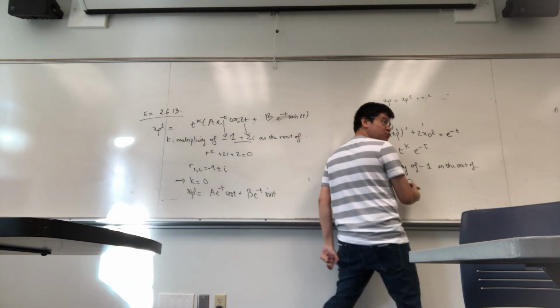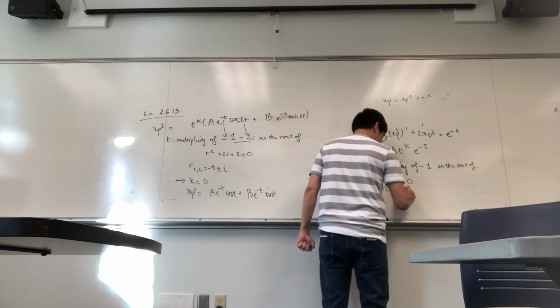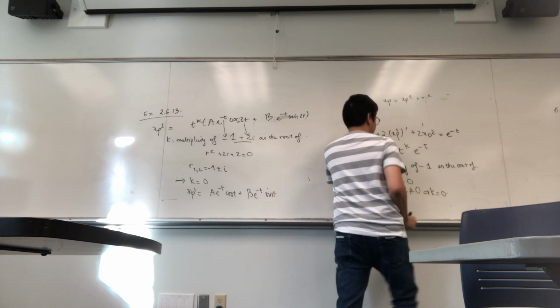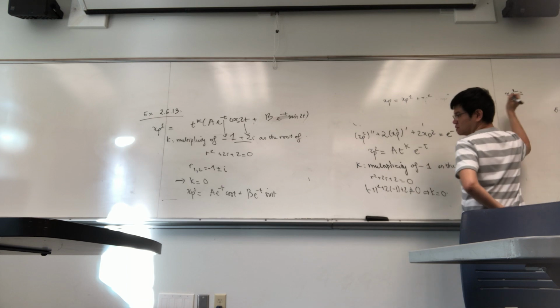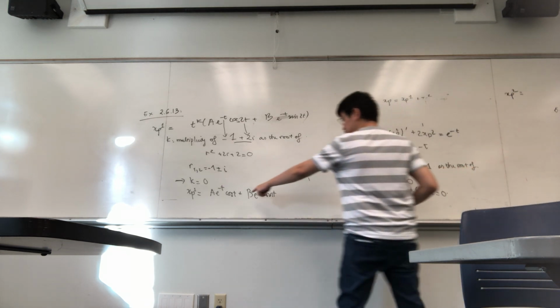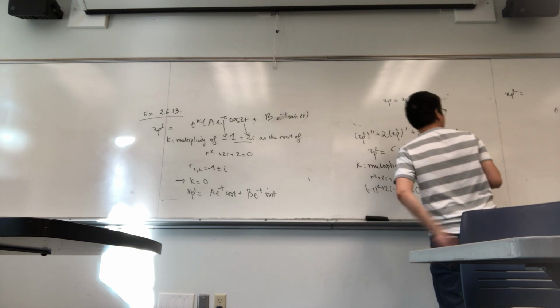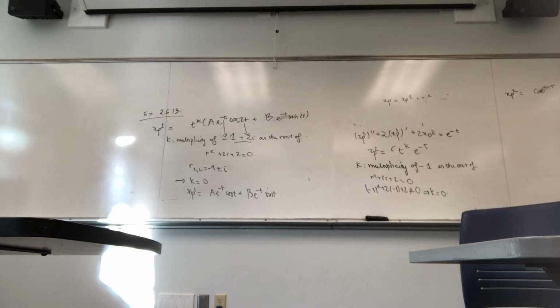So minus 1 is not a solution of this, right? Minus 1 squared plus 2 times minus 1 plus 2 is not 0. So k is 0. So basically, xp2 will be, I'm not going to use a because it's going to be confused with the other one when I take the sum. So it's going to be c times t to the k, c times e to the power minus t. All right? Questions?